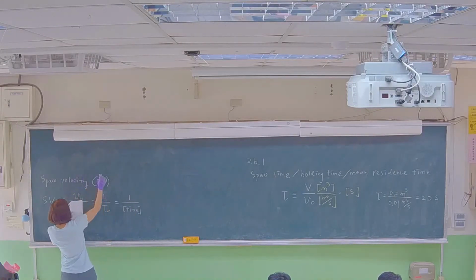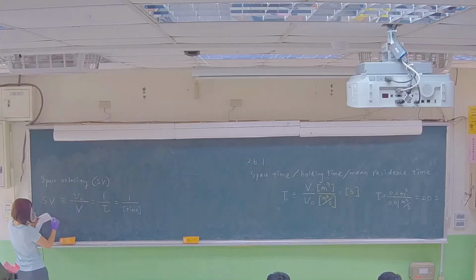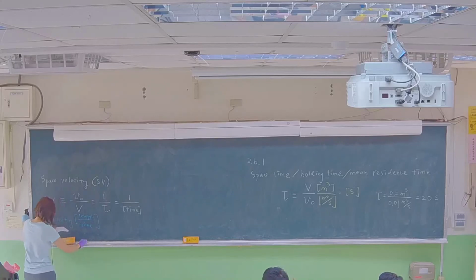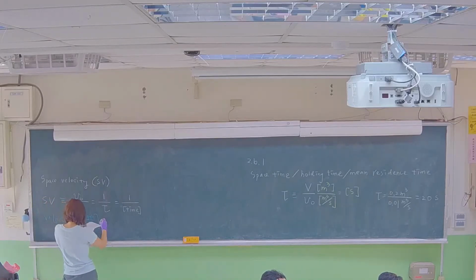But the unit for normal velocity is length over time, right? Like meter per second.